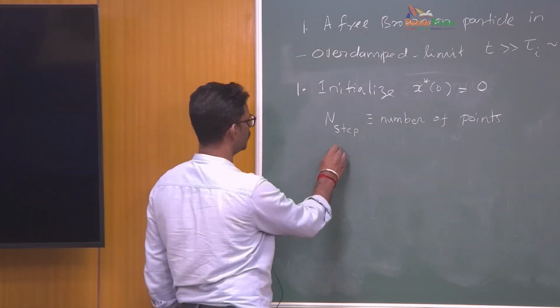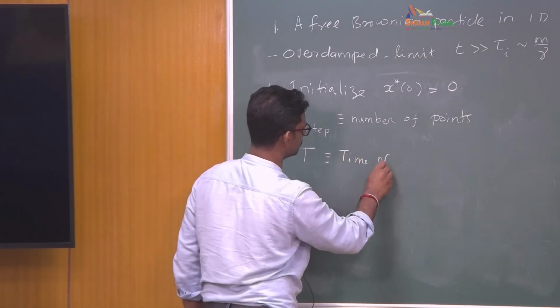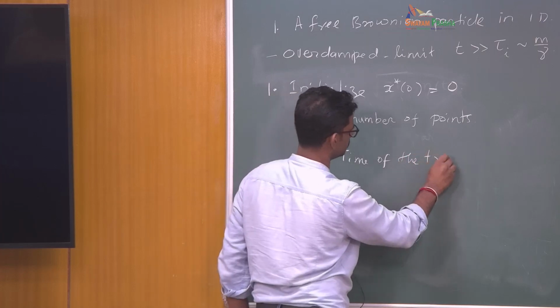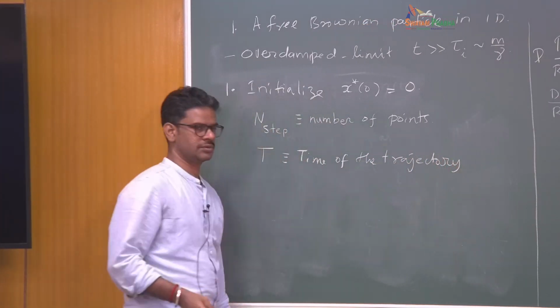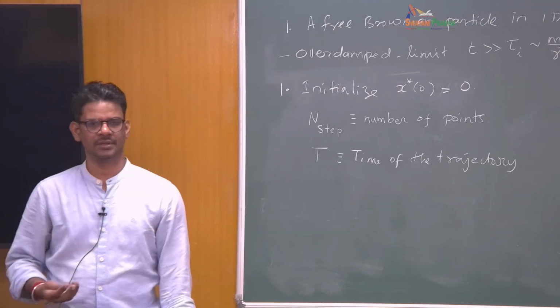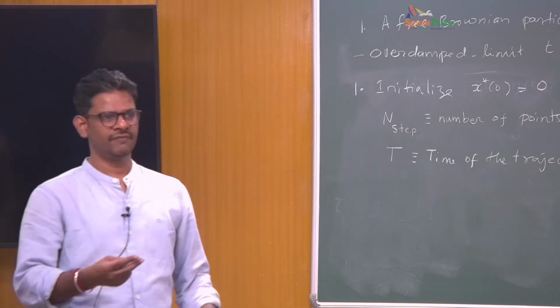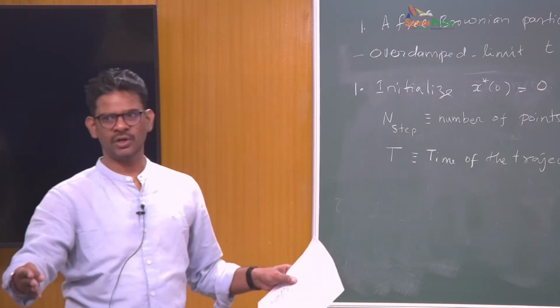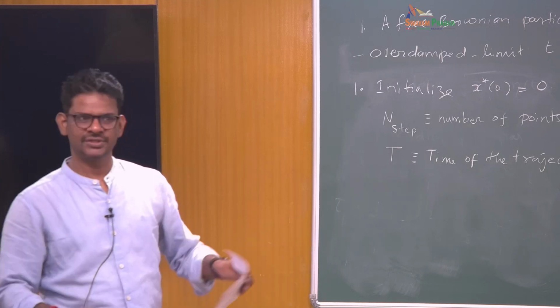You also decide the total time of the trajectory. Just like how we use the Runge-Kutta or Euler method to solve a deterministic ODE problem, where you say how many time units you want to solve, what step size you choose, and what the number of steps is, they are all very similar to that.